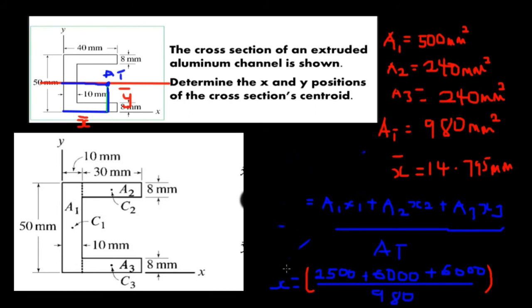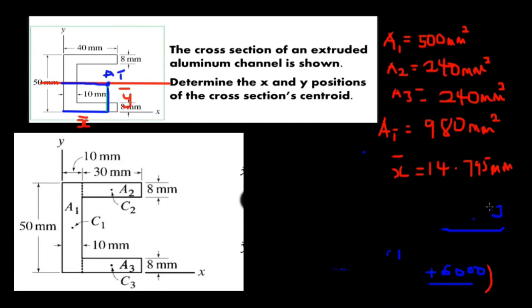So we learned that for finding the y bar, we take the moment about the x axis. That will be the total area times the perpendicular distance, which is the shortest distance from the total area to the x axis, which is y bar. That's times y bar.